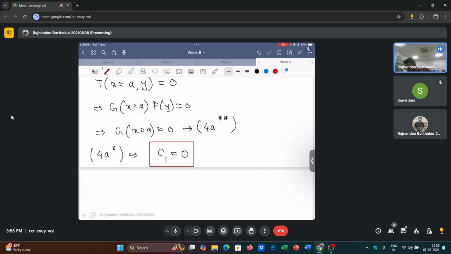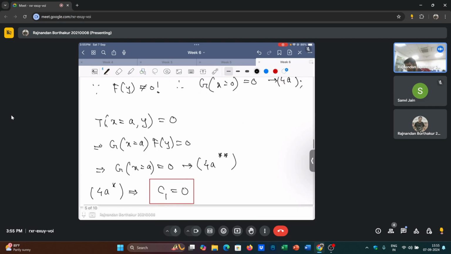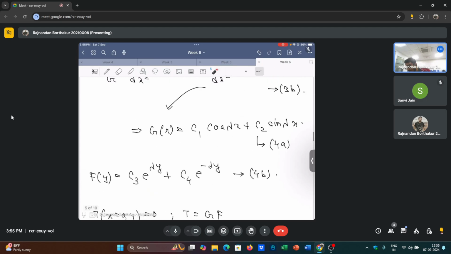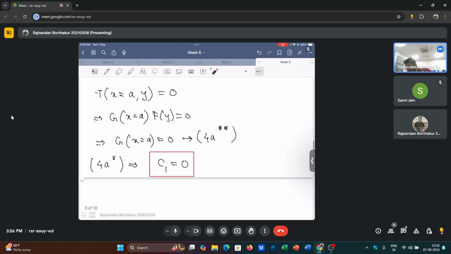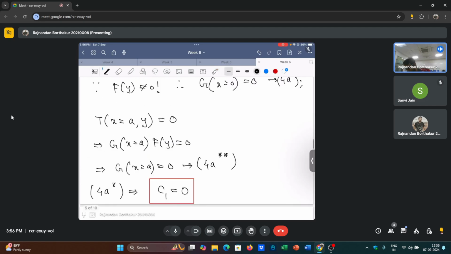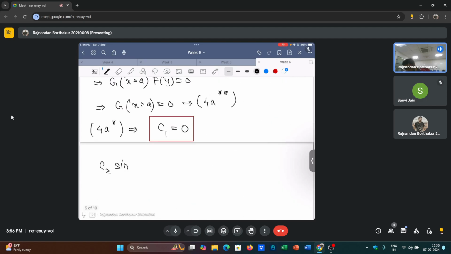If I use the second boundary condition, that g at x equal to a is 0, and substitute it here, C1 is already 0, so we'll not bother about this term. What I will get is C2 sine lambda a is basically equal to 0.